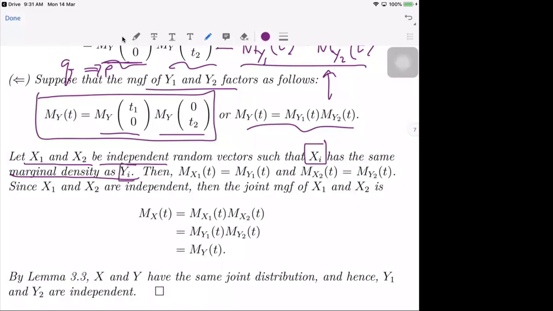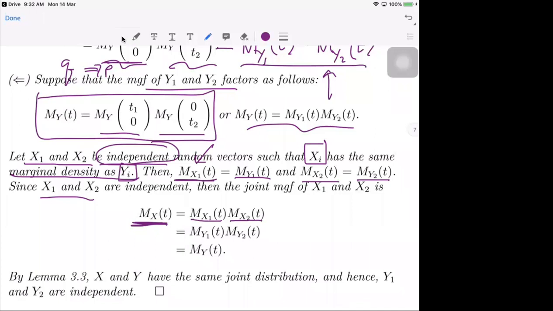So if they have the same marginal density, then the moment generating function of x1 will be equal to the moment generating function of y1, and the moment generating function of x2 will be the same as that of y2. Since we assume that they are independent, then you can write the moment generating function of x as the product of the two.